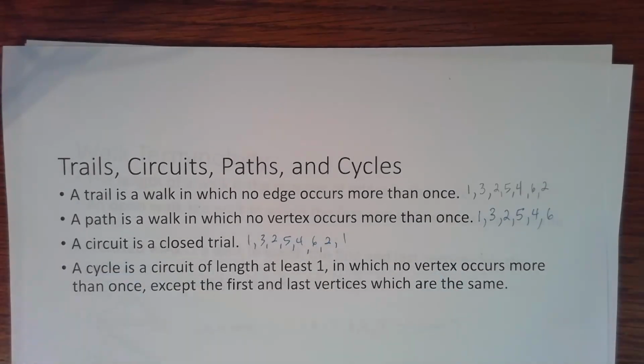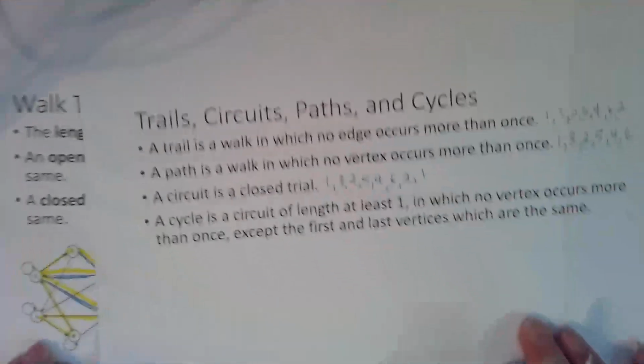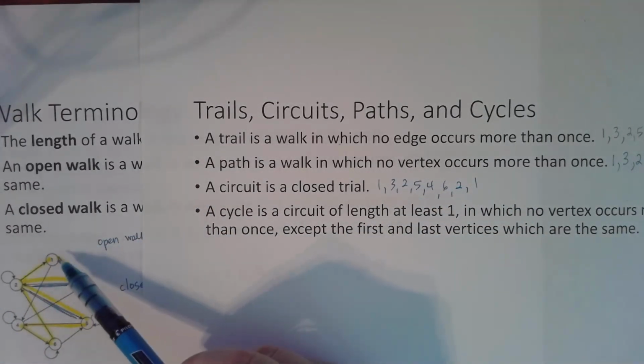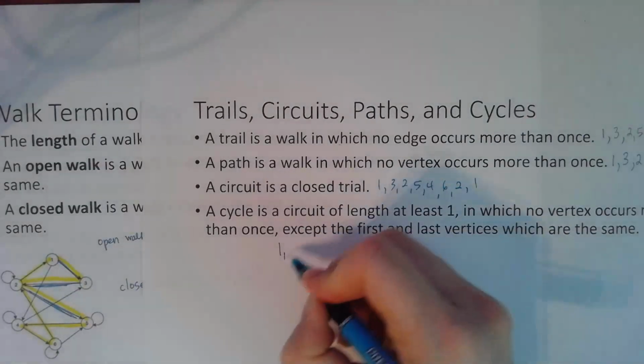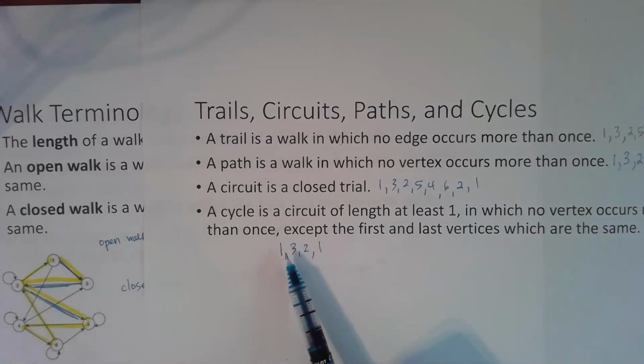So if we were to look at our example, like this graph back here, there's a simple one here that goes from 1 to 3 to 2 and back to 1. So the only vertex that is repeated is the first and last one, the starting point and the stopping point.